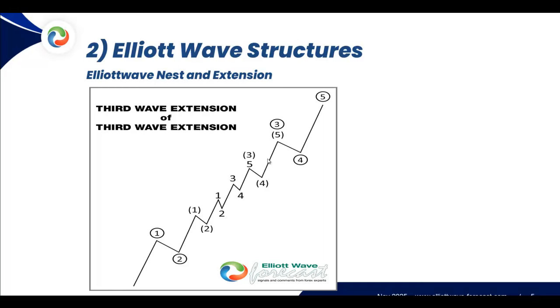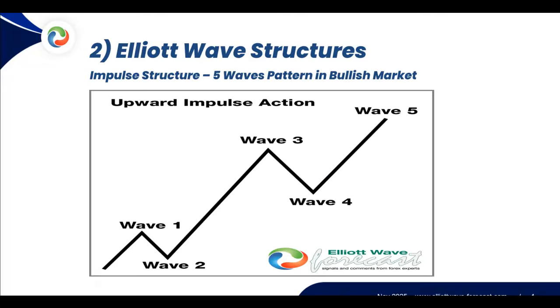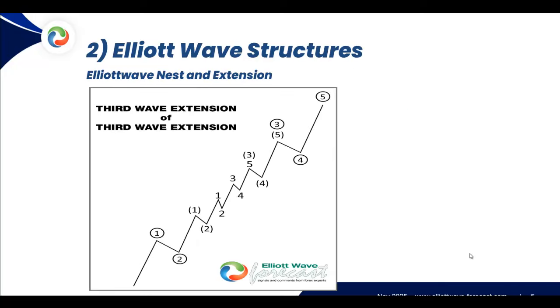In that case, what's going to happen is that when the market comes with the triple nest, the market tricks the traders, because when you look from here up to here, you got 1, 2, 3, 4, and 5 is identical to this, but the market is nesting. And that's what happens many times across the market.